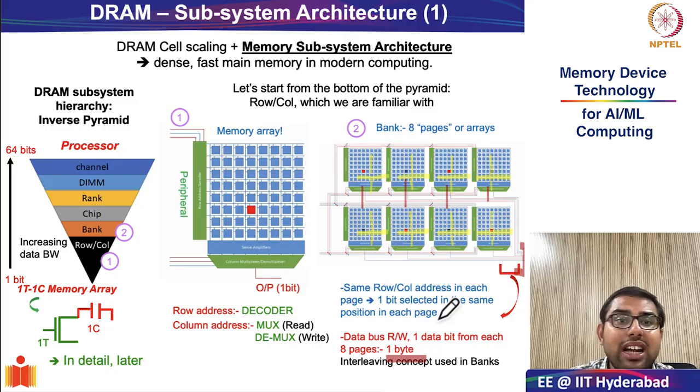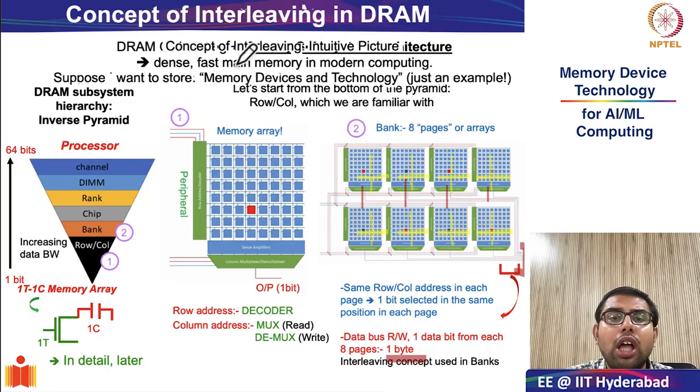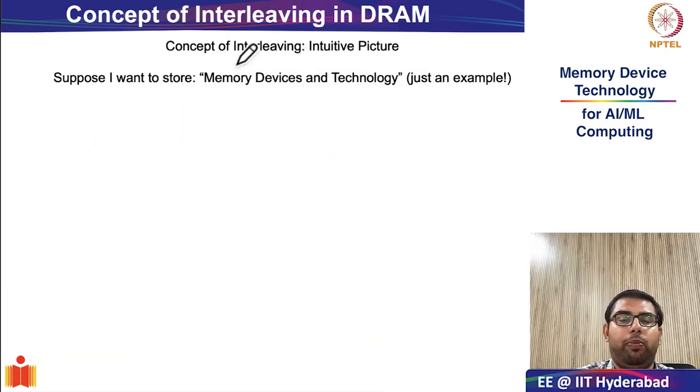Let us understand the concept of interleaving with a very intuitive example. Suppose I want to store a string into my memory location. It can be any string; for the sake of example, I am taking the name of our course, Memory, Devices and Technology. If I want to store this in a DRAM array, what would be the way to do it?